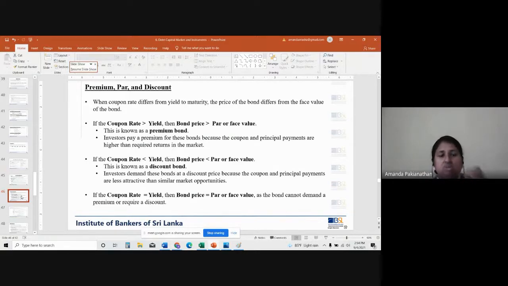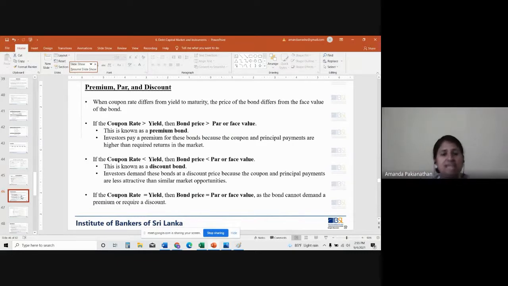Just the coupon rate with the yield to maturity, or the expected return of that bond. You see whether the interest paid is different from what is expected by the investors. If it is not different, you can go ahead and issue at the face value itself.